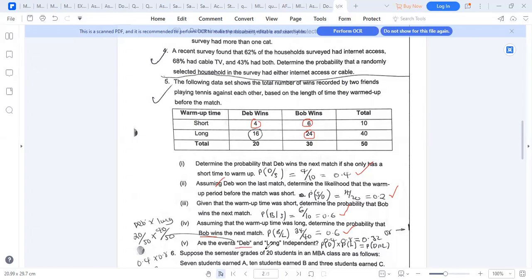So now, if events are independent, you multiply the individual events, and they should give you the intersection. So Deborah times long must give us Deborah intersection long. What is our Deborah?